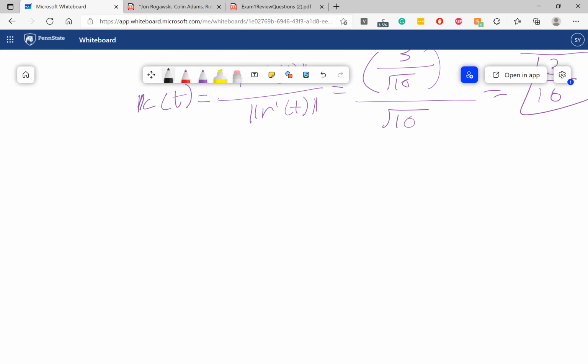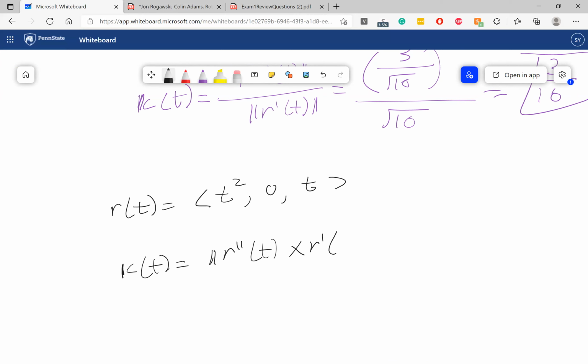If you have r of t equal to (t squared, 0, t), this time we're going to use the formula that the curvature is equal to the magnitude of r double prime of t cross r prime of t, over the magnitude of r prime of t cubed.